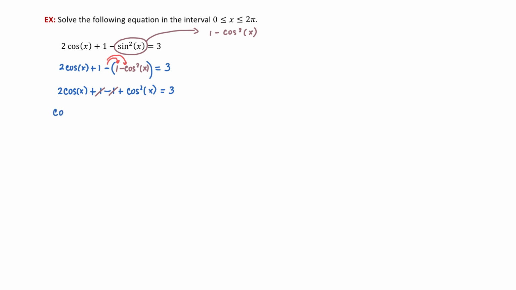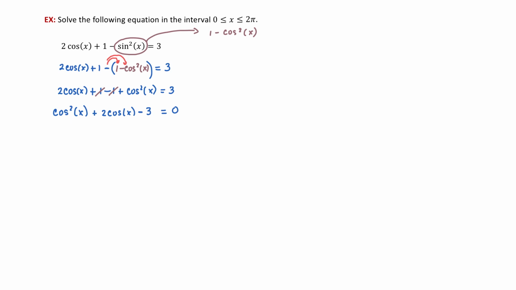So we're going to have cosine squared x plus 2 cosine x, and I'm going to even bring the 3 to the other side so that we leave 0 on the right side. Remember, when solving quadratic equations, what you want to do is you want to bring everything to one side and you want to have 0 on the other side. And that's what I have right now.